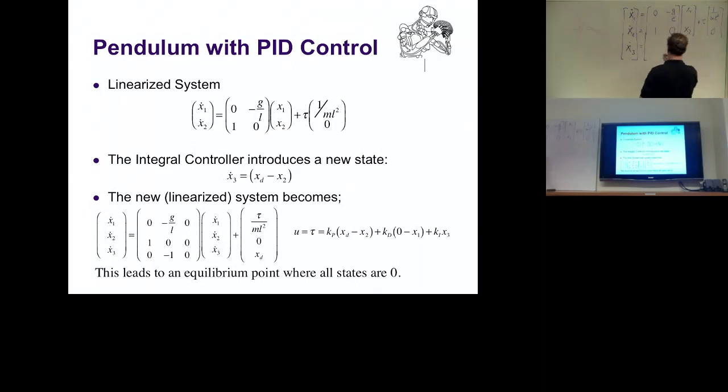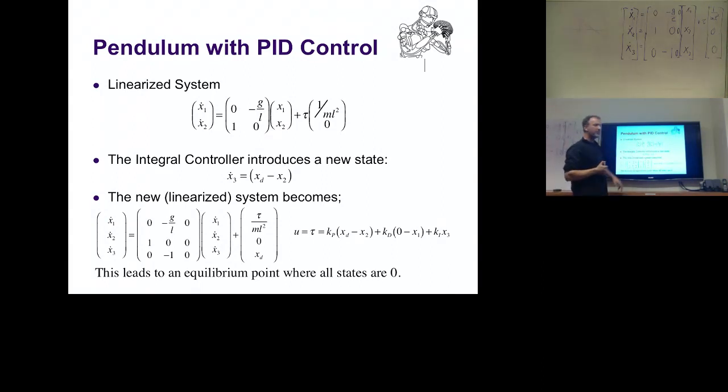Here I'm going to get basically 0, minus 1. And I have to squish in a vector of zeros, zeros, and zeros. So boring, but you see it nicely on the slide. And we get a state x3 here. And this here becomes also a 0. Okay?